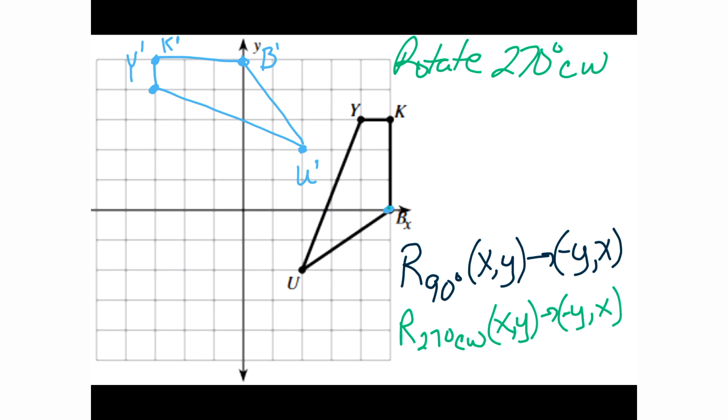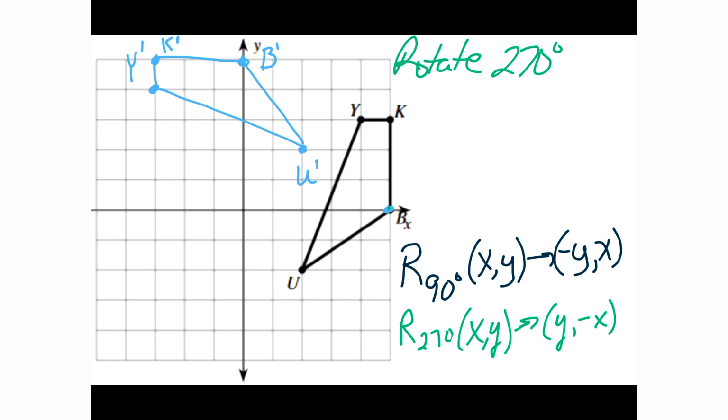But what happens if we just rotate it 270 degrees? Normal rotation. Well, then that changes my rule. My rule then is going to be a rotation of 270 degrees where x, y gets transformed to y, negative x. So then that means that I have to take each one of these points and transform them.